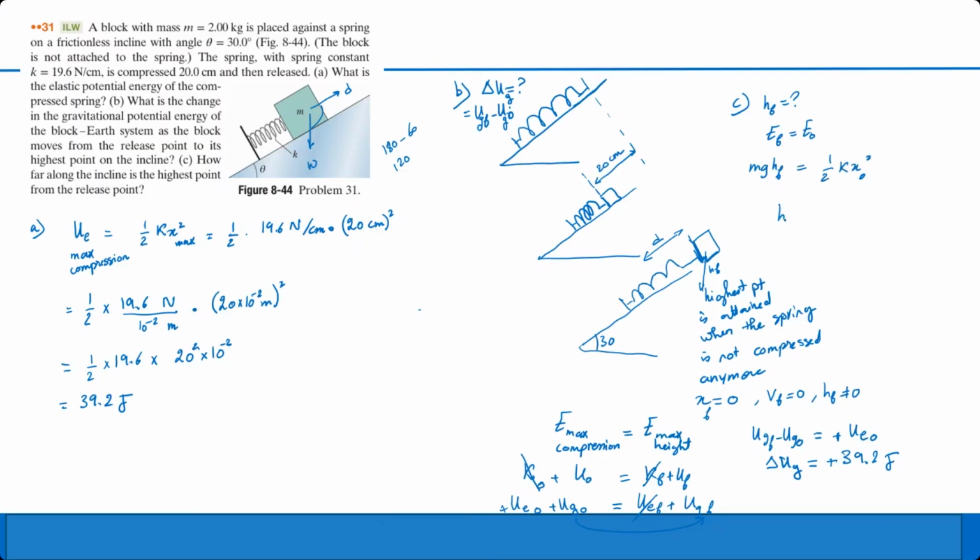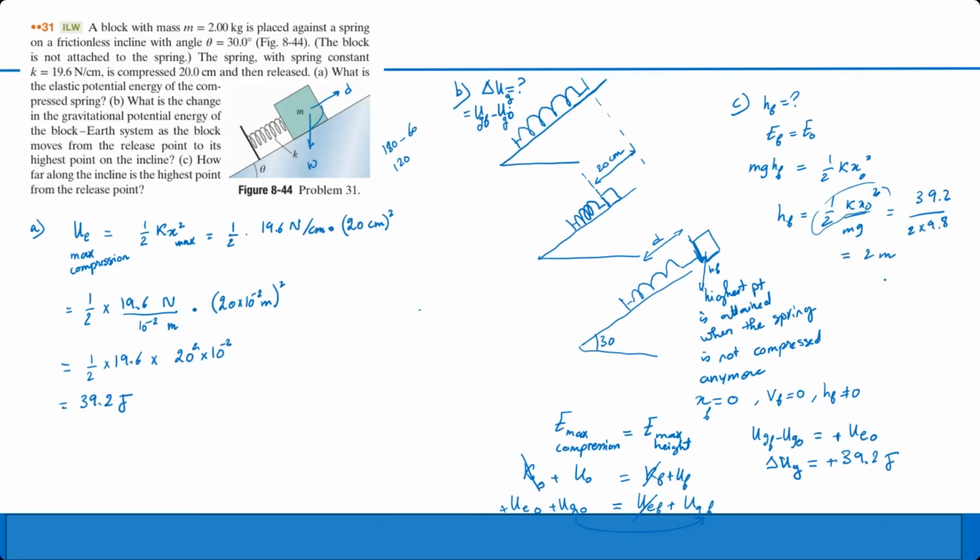I will solve for h final. This will be, let's see, half k x0 squared over m g. Do we have k, the spring constant? Yes. Actually, I have this whole term here. I found it before. It was 39.2 from part A. I'll just divide by m g to find the height. The height will be 2 meters.